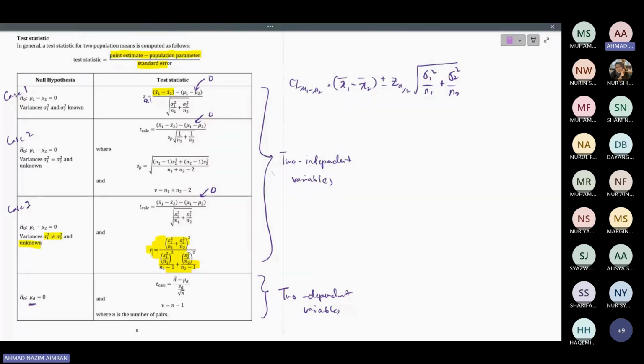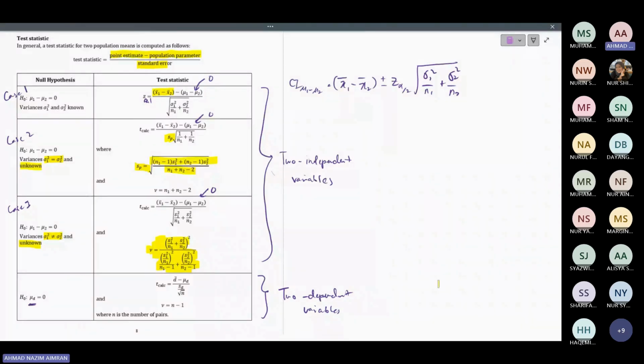We need to find the degree of freedom by using this formula. And when the variances of the populations are unknown, but equal, use this formula where you have to find the pooled standard deviation.